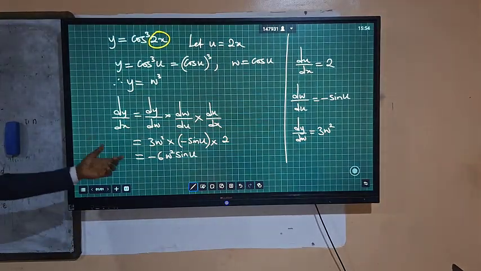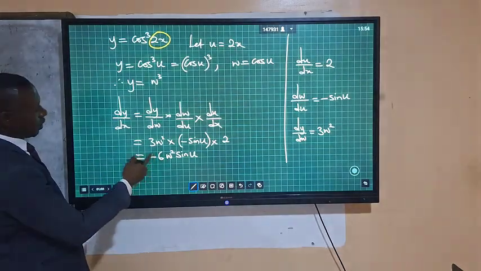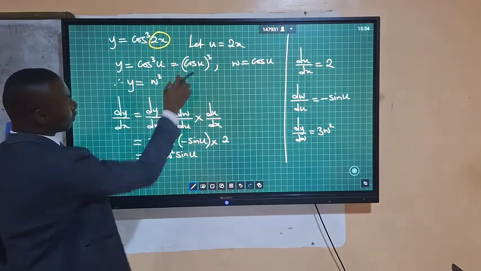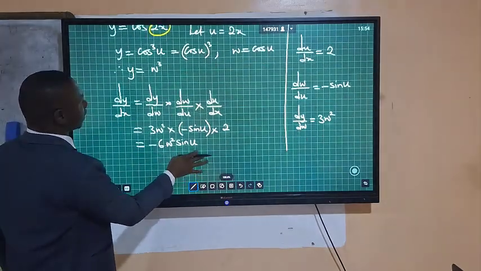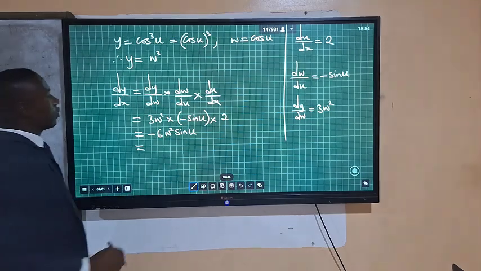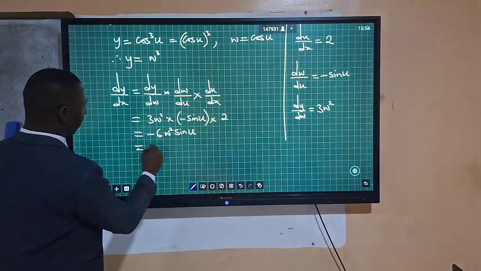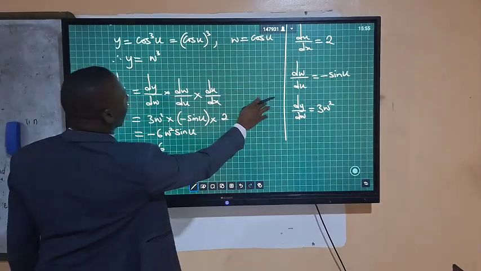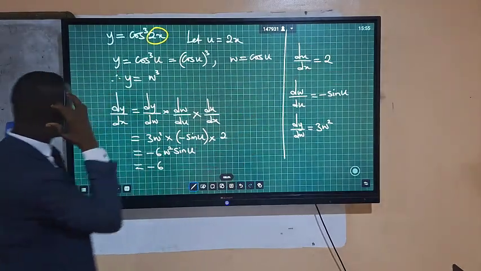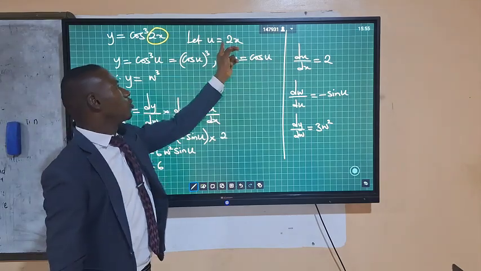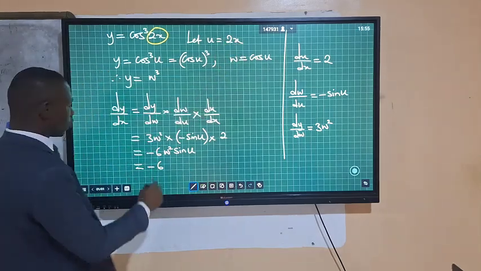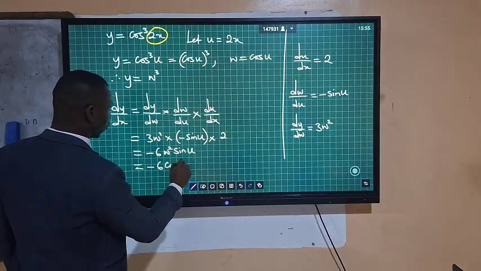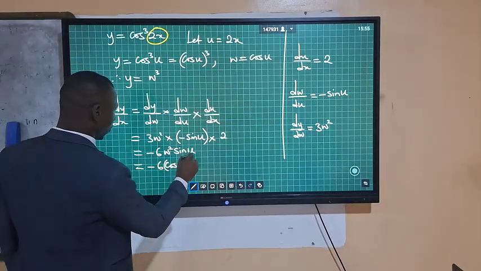Okay, but do we leave our answer in terms of w and u? No, we need something that depends on x. So it follows that we have minus 6. We defined w as cos u, but u is 2x, so this is cos 2x all squared.